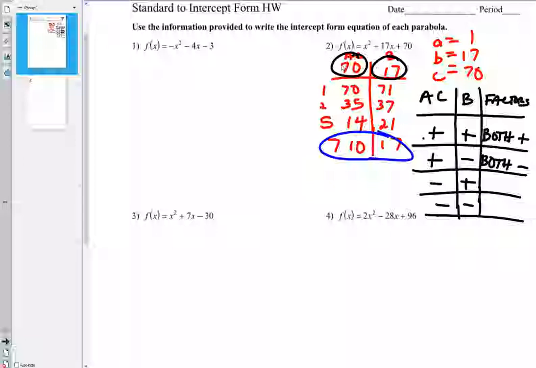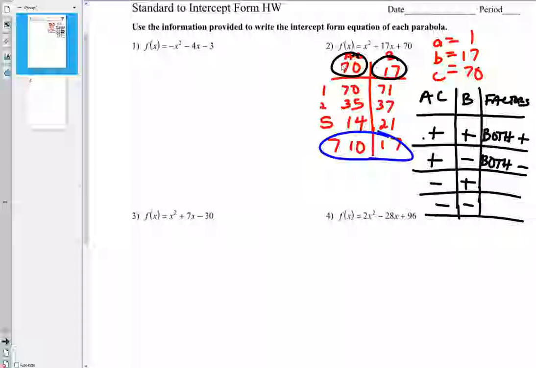For the last two, what's the only way I can multiply two numbers and get a negative? One positive, one negative, different signs. So in these scenarios, I have one positive and one negative. But if I take into consideration the addition component, when I add those two numbers I get a positive.